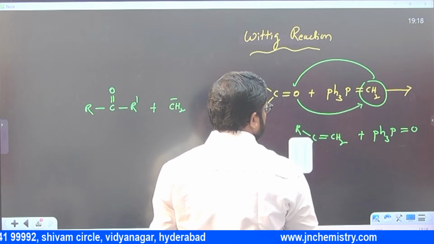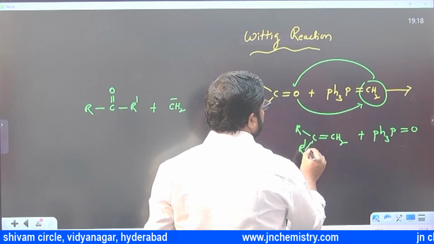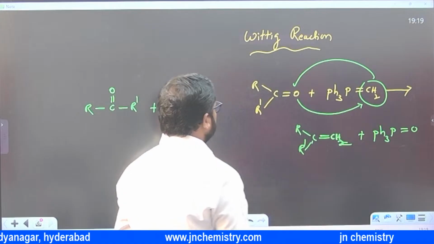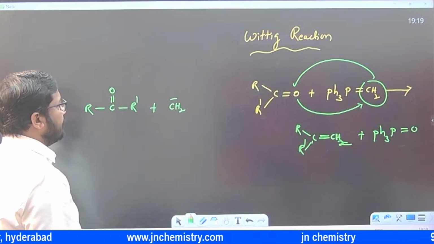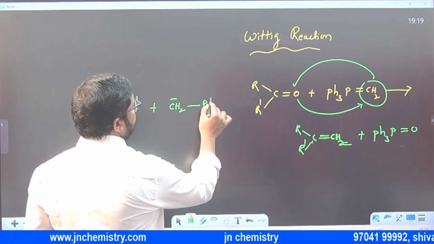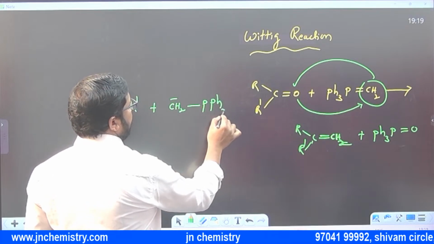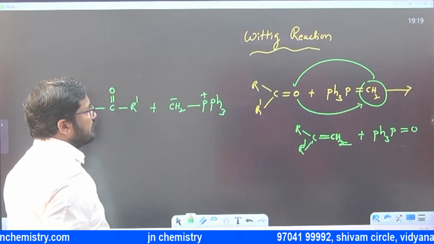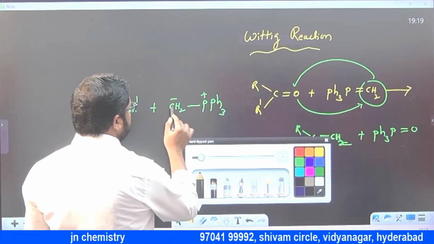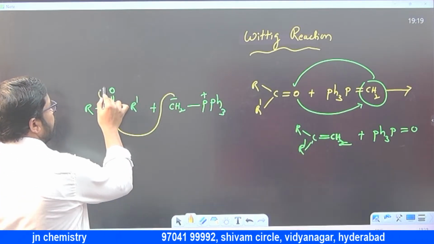This is R dash C double bond CH2, PPh3 plus. So this is ylide. So nucleophilic addition reaction takes place like this.